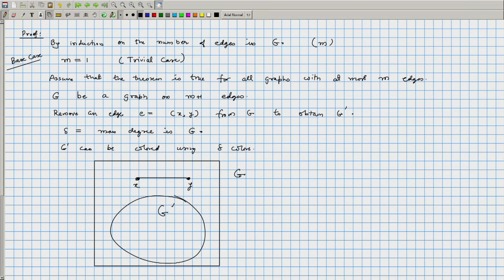Now look at the vertex x, its degree is at most delta in the original graph. Since one edge has been removed, the degree of x in G prime is at most delta minus 1, and the same for y.